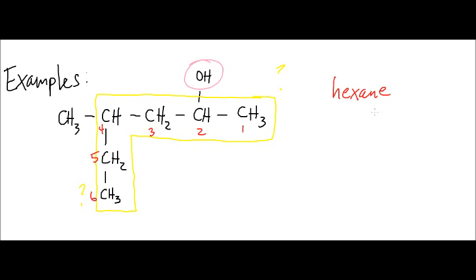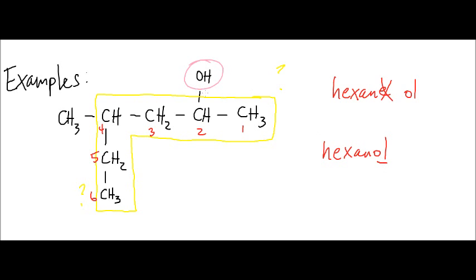But the rule for naming when we have this alcohol functional group is to drop the E and add OL. So the main chain is not a hexane but a hexanol.